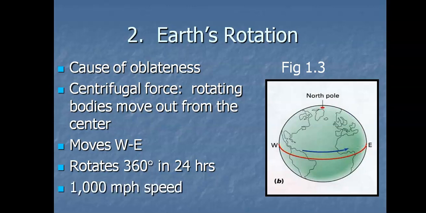And the thing that's really interesting about the Earth's rotation is how fast it rotates. The Earth is rotating right now at a speed of 1,000 miles per hour. It's like, why aren't we being blown off the surface of the Earth? It's incredible.